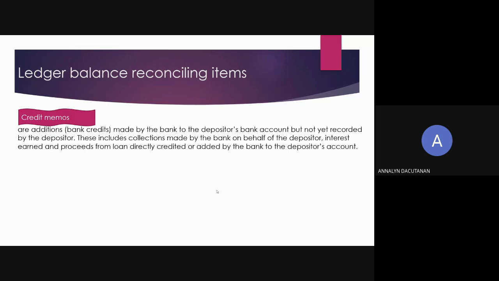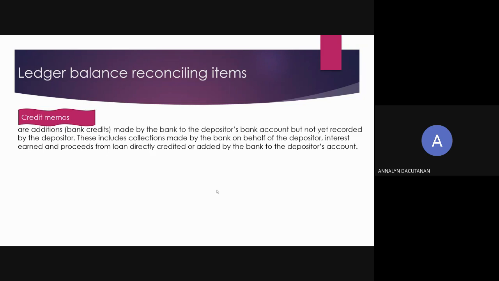So, hindi niya ngayon alam magkano na yung pumapasok na pera sa account niya. Si bangko lang yung may alam nun. Kinokolekta ni bangko on behalf of the seller. Therefore, those are additions to the account of the seller and those are called credit memos.